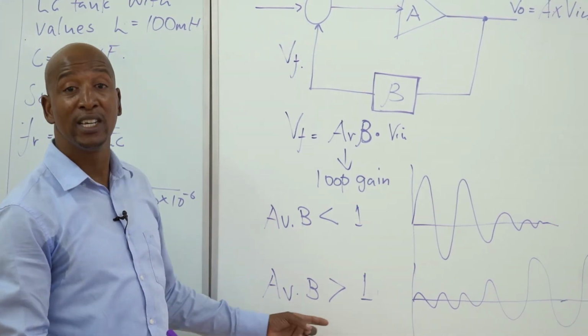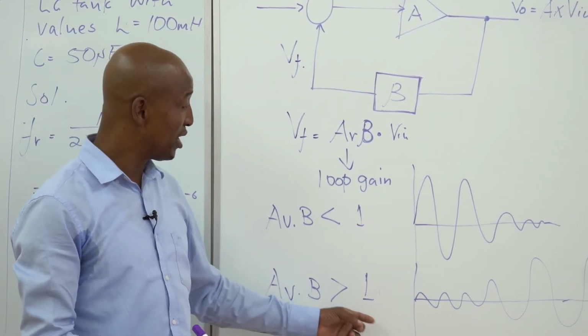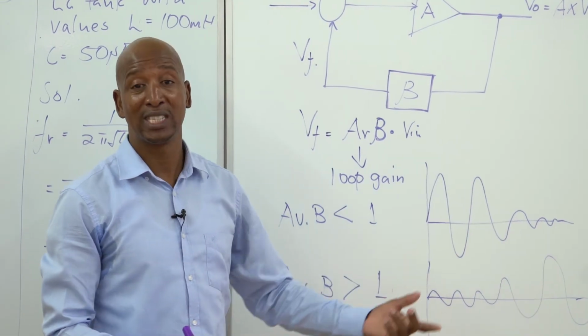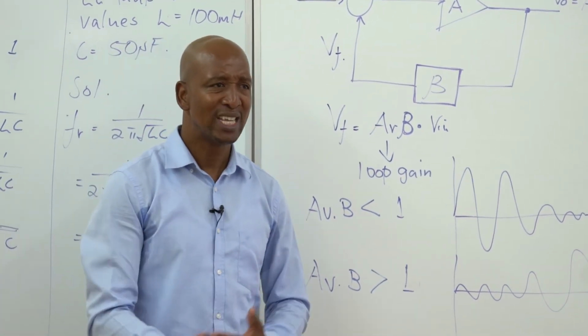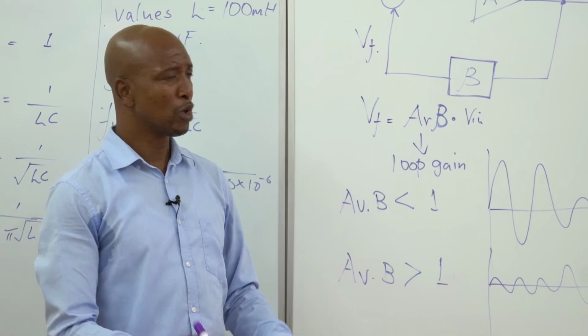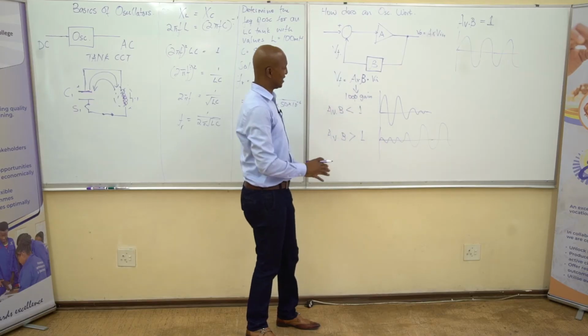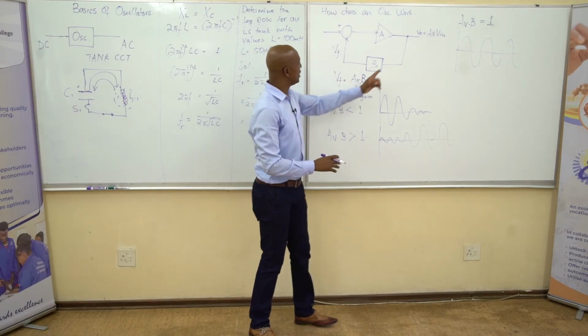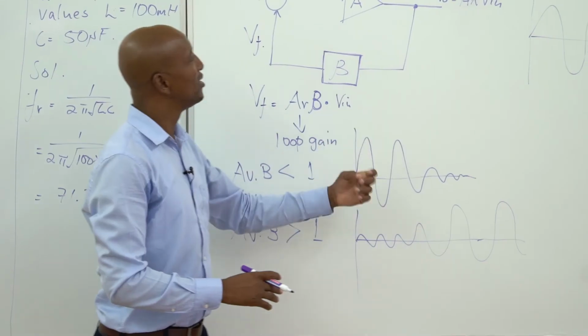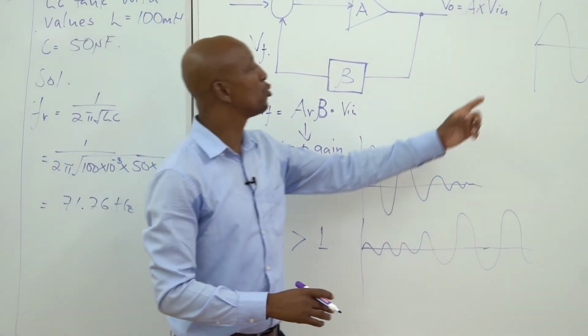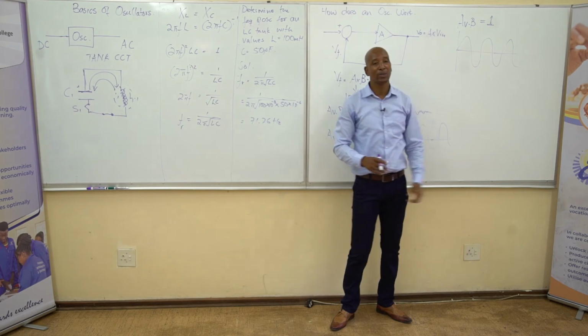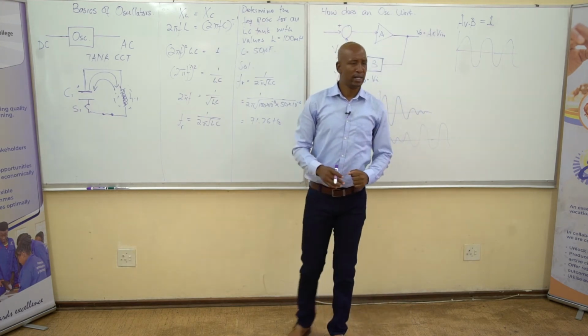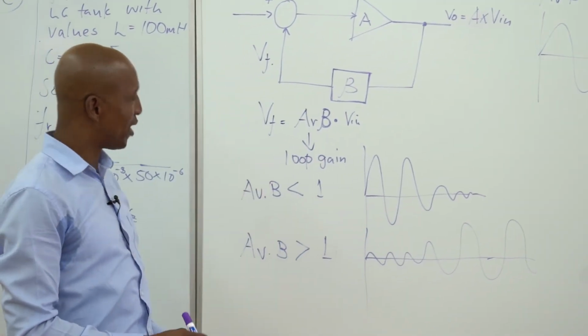If loop gain is greater than 1, our oscillation will tend to increase. So condition number 1 for oscillation, the loop gain must be equal to unity, or 1.